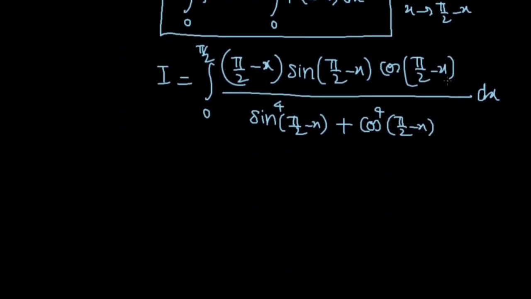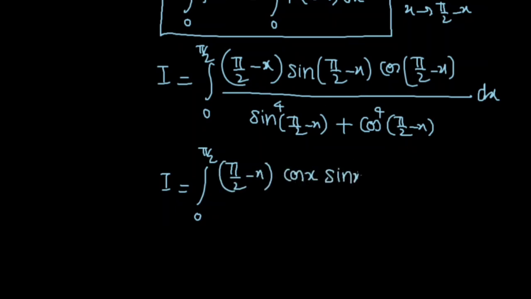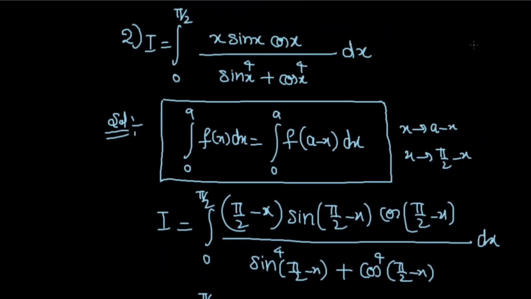Sine of 90 minus theta is cos theta, and cos of 90 minus theta is sine theta, so we have to replace this. So I is equal to the integration from 0 to pi by 2 of (pi by 2 minus x) cos x sin x divided by cos to the power of 4 x plus sine to the power of 4 x, dx. Okay, this is equation 1 before applying the property.